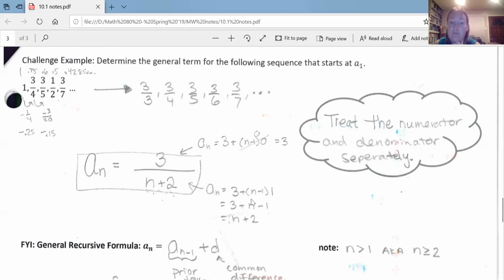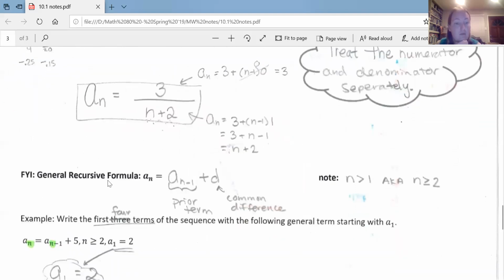So 3 plus n minus 1 times 1. Distribute, combine like terms, and you'll get your equation that will give you the generic value for the denominator. So you've got your numerator over your denominator. So again, treat the numerator and denominator separately, and you'll be able to get the terms.